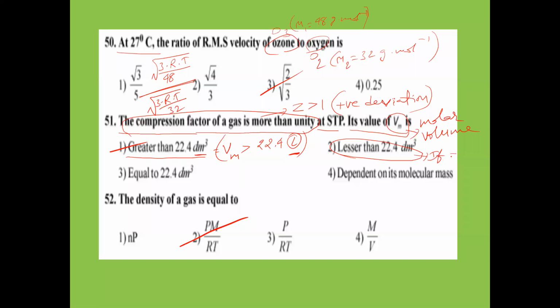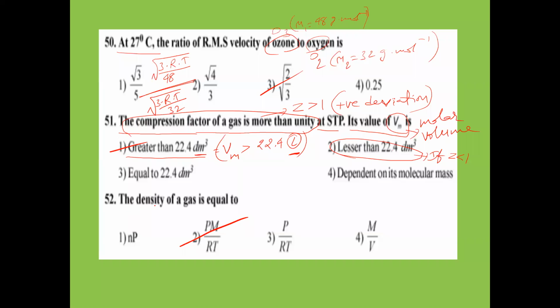If Z is less than 1, that means negative deviation, and in that condition molar volume will be less than 22.4 liters. But here they gave more than unity, greater than 1, so the answer should be this one.